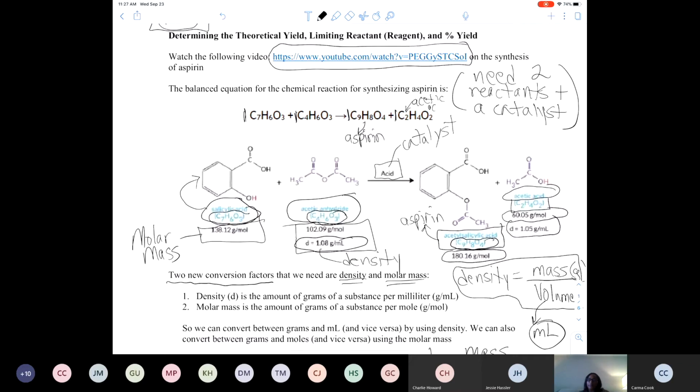Those are our 2 products. So looking at your balanced chemical reaction, you can get a mole ratio of reactants to products. And for this balanced reaction, it's a 1-to-1 ratio.